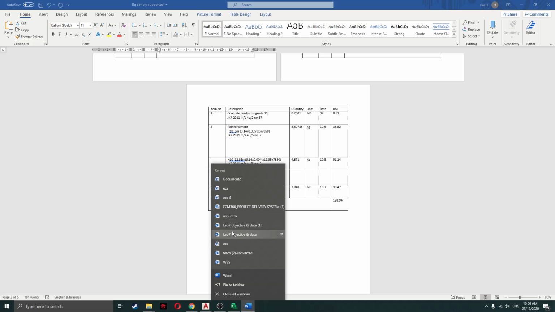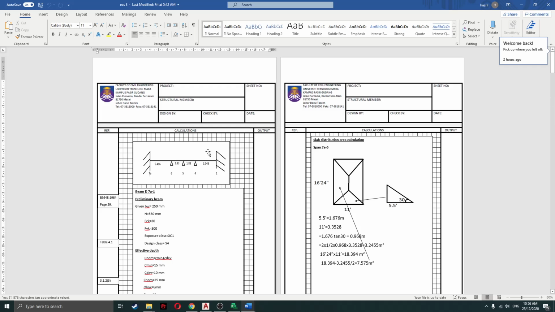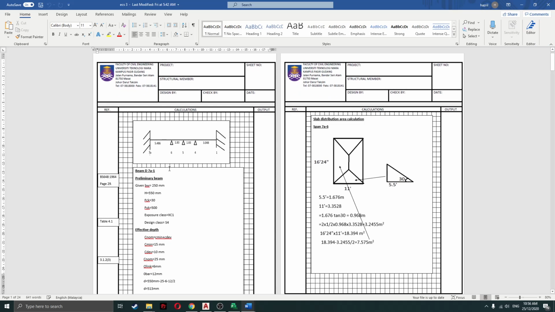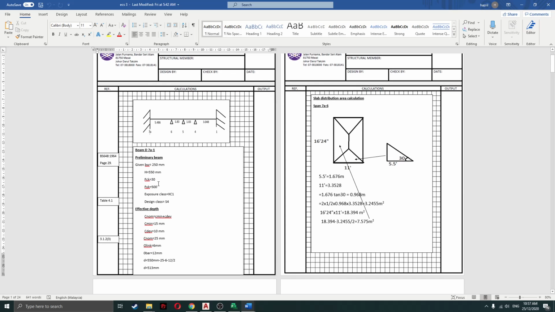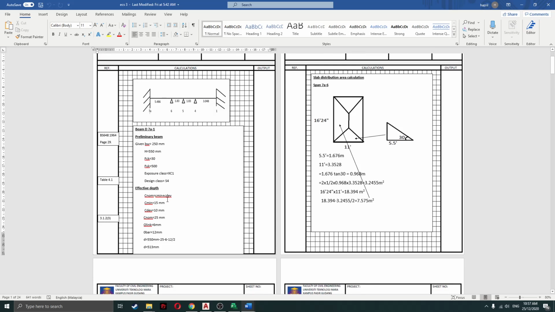Then for my continuous beam, for beam D7A to 1, first we need to find the preliminary beam given BW 250mm, H 550mm, FCK 30, FYK 500, service class XC1, design class S4, effective depth, I get 513mm.